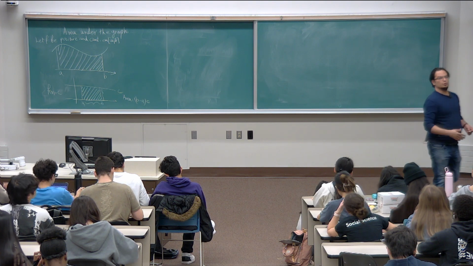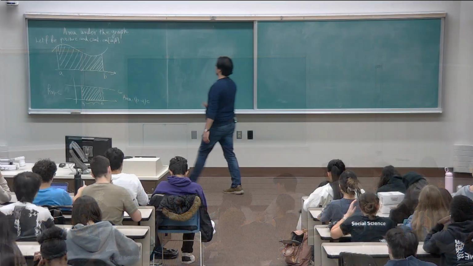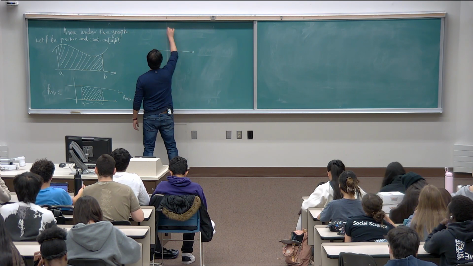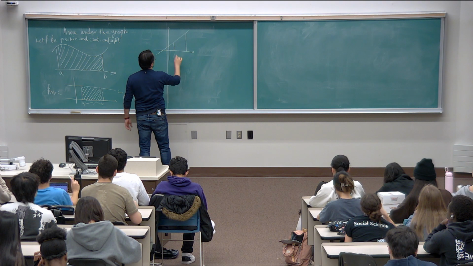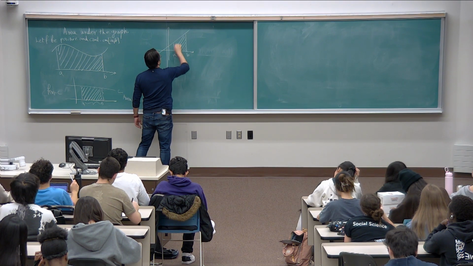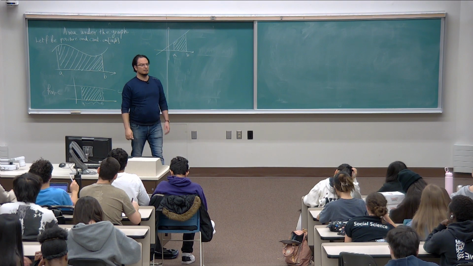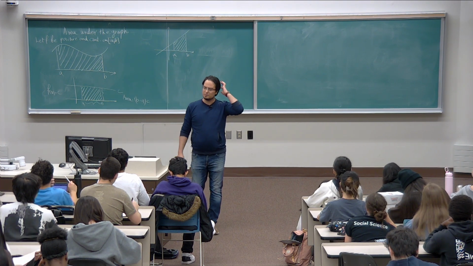We can do, without calculus, the area under the graph of a linear function, something like that. This is not very difficult to do because what kind of shape is that? Does anyone remember the name for that?